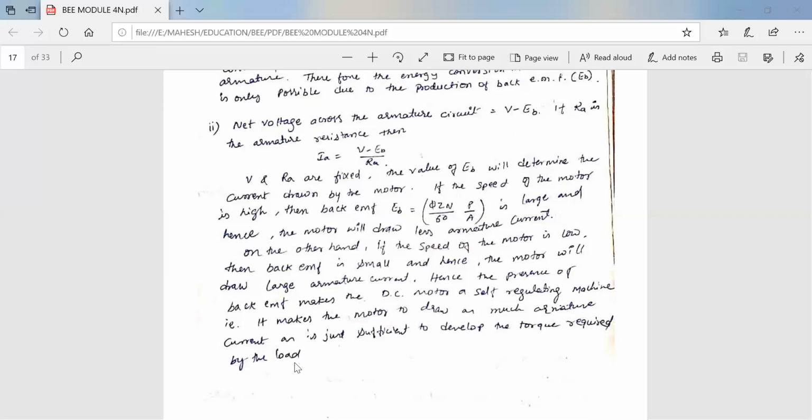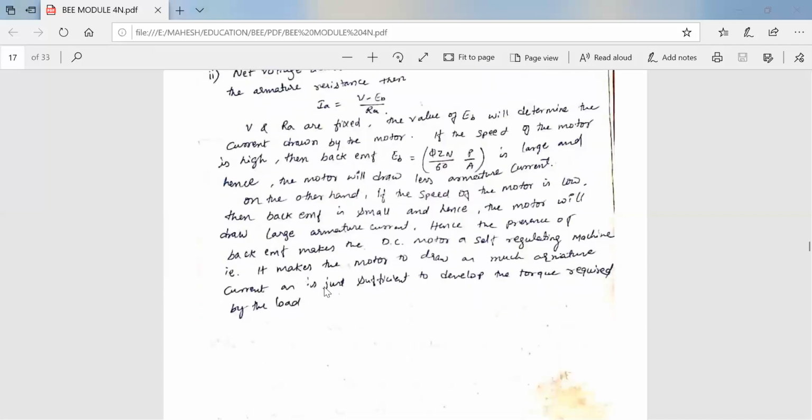Based upon the load, the motor starts self-regulating to produce the required torque, and that is attained by regulating the speed of the motor.